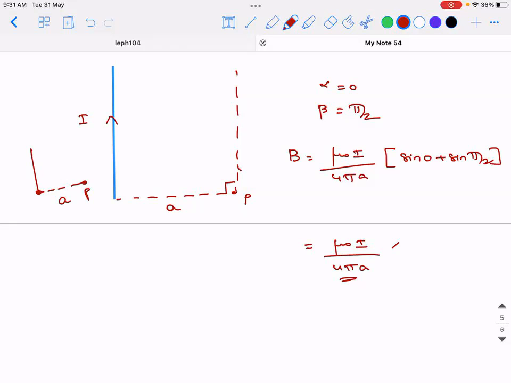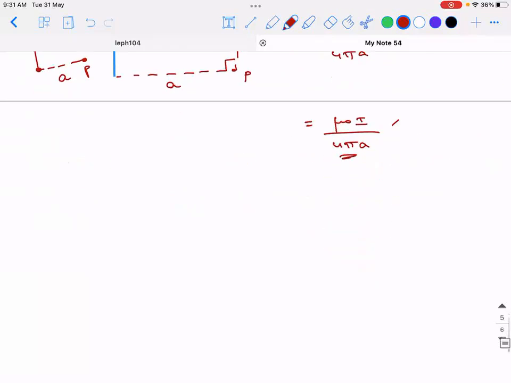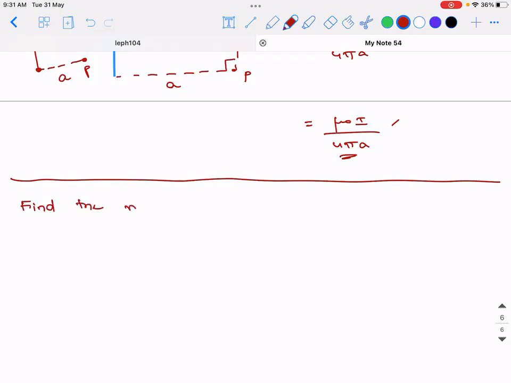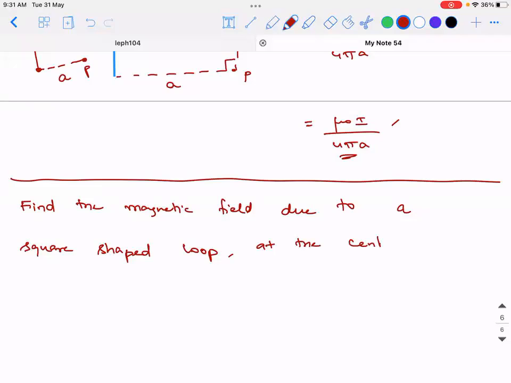Now what we'll do is we'll try to solve a problem based on all the concepts. Find the magnetic field due to a square shaped loop at the center of it.